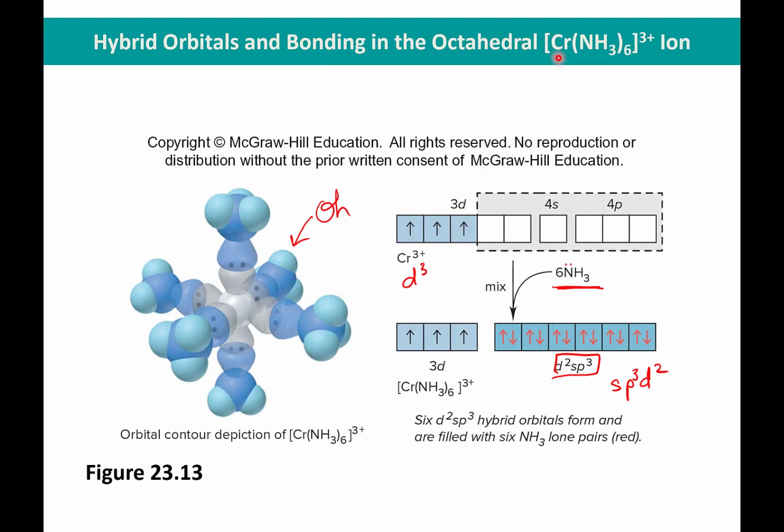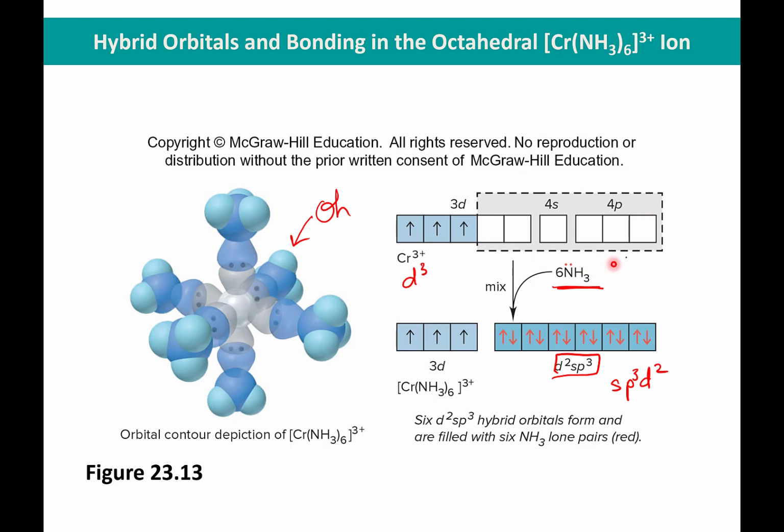Here's hexaammine chromium 3+. So this is an octahedral geometry. It's got a steric number of 6, which means that we need 6 orbitals mixing together to form the correct geometry. So if you've got chromium 3+, this has a d count of d3. So if we think about our empty orbitals, there are 2 orbitals from our 3d sublevel, and then our 4s and our 4p sublevel are empty.